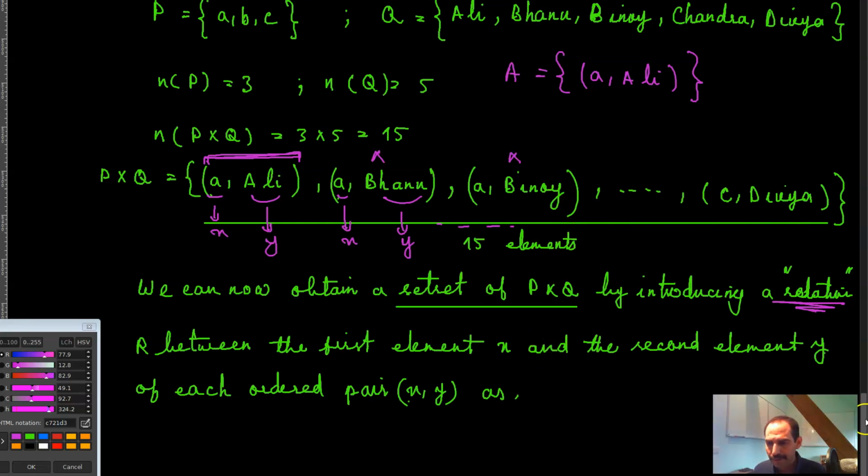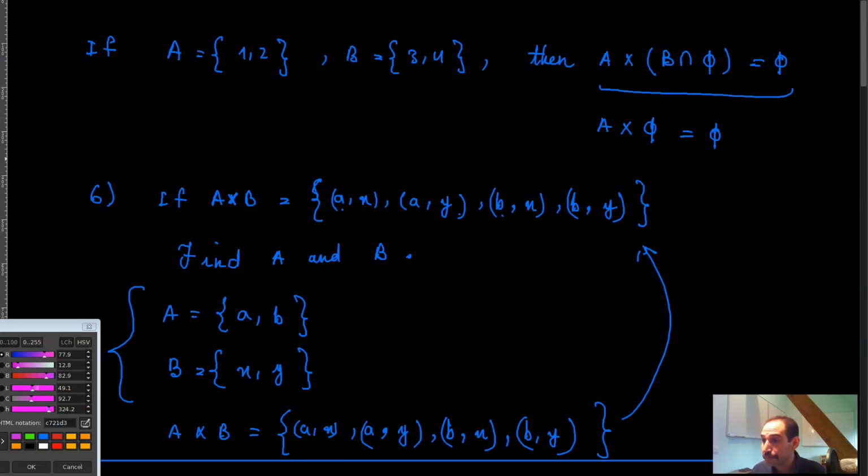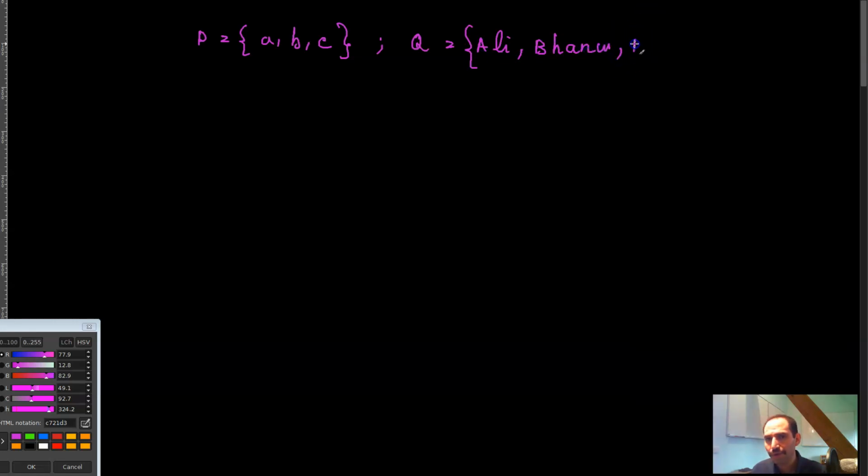So now what I can do is say that, in that exact situation that we had over there, we had the set P as A, B, and C, and the set Q we had as those names: Ali, Bahanu, and we had Binoy, and we had Chandra, and we had Divya, right?